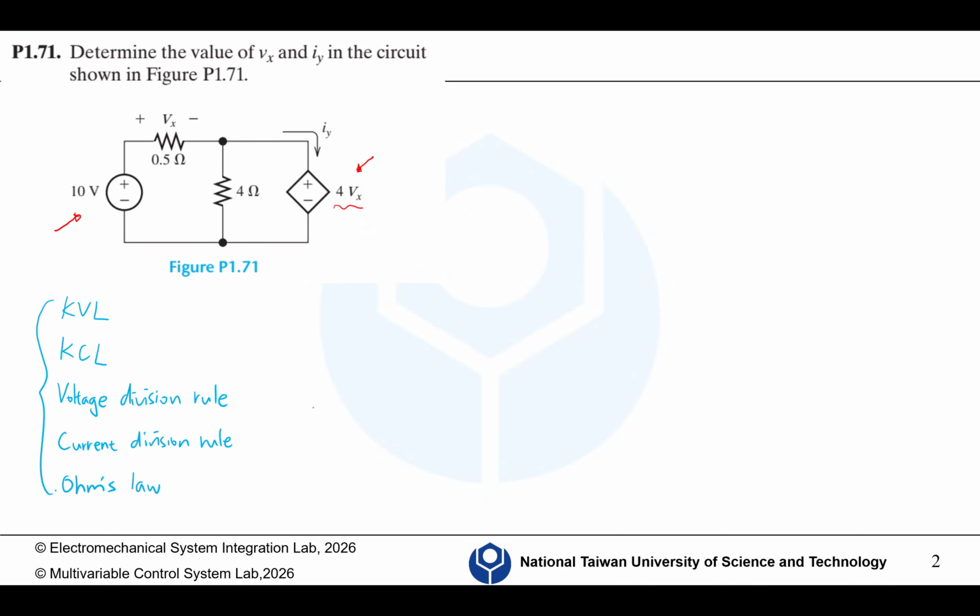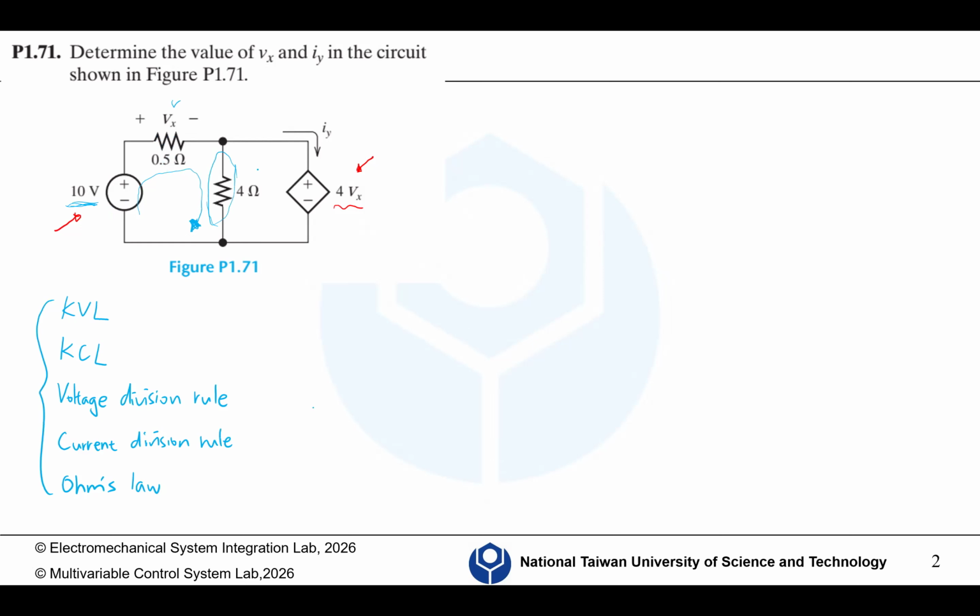By observation. So let's try, if we look at this loop, in this loop we have the voltage of this component, and then the voltage across this 0.5 ohm resistor is Vx, and we need the voltage across this 4 ohm resistor.